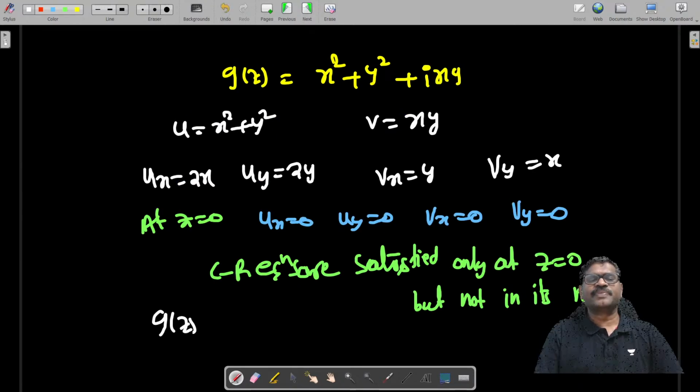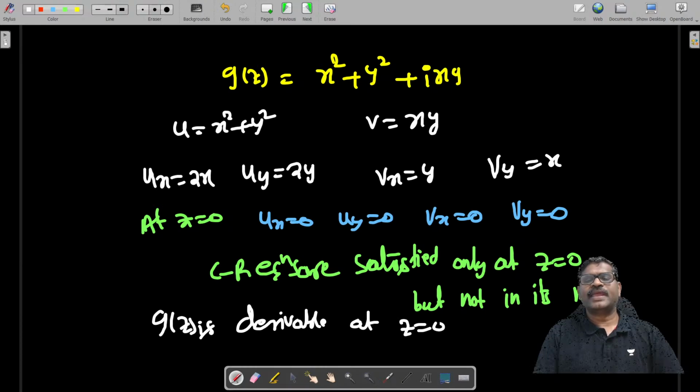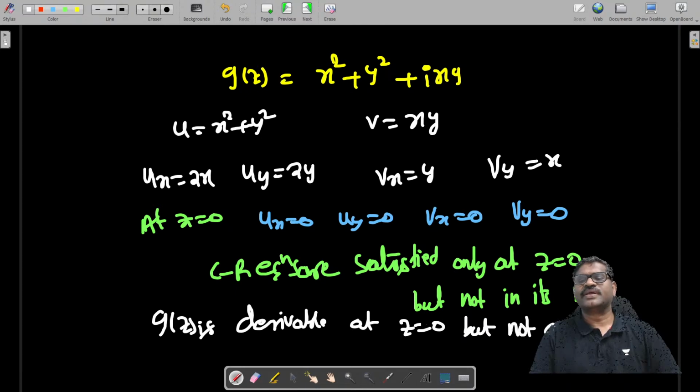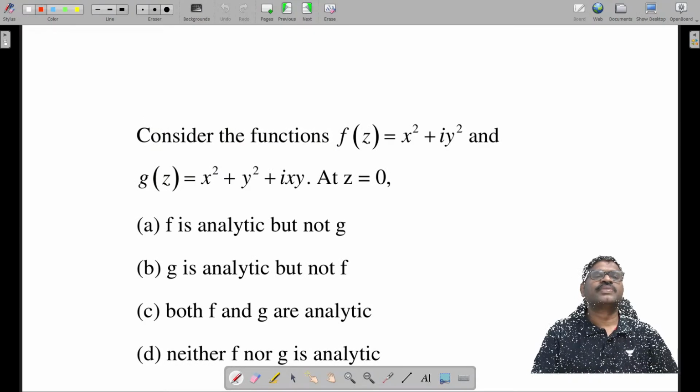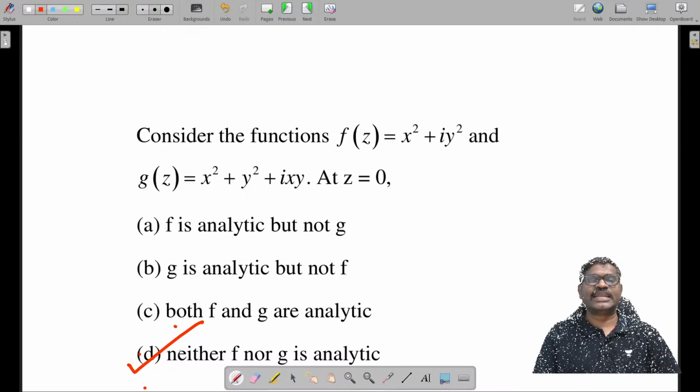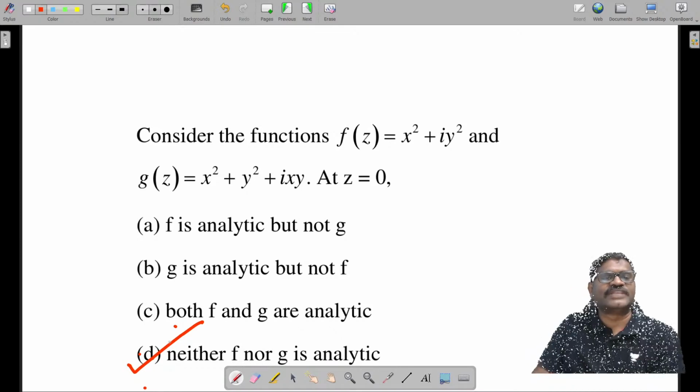Similarly, g of z is derivable at z equal to 0 but not analytic at z equal to 0. It is differentiable at z equal to 0 but not analytic at z equal to 0. Now, the correct option is: neither f nor g is analytic.